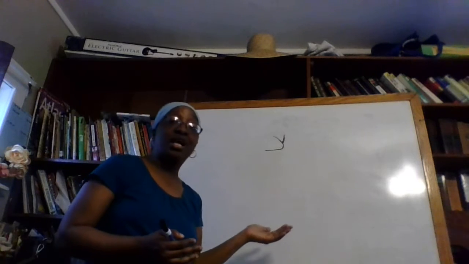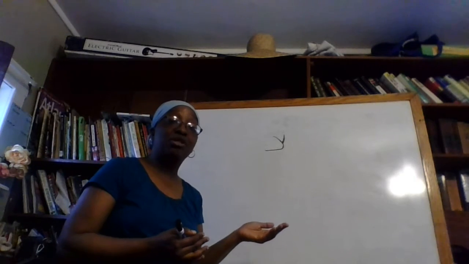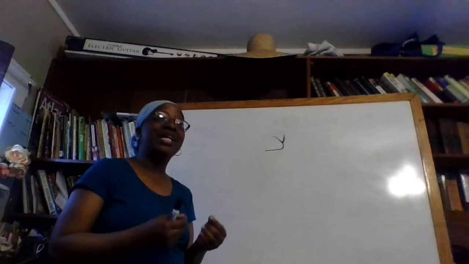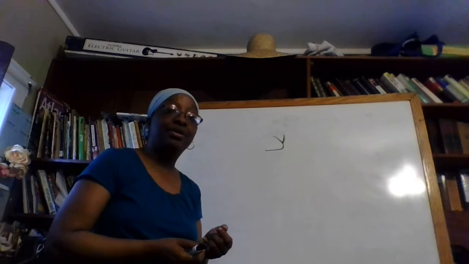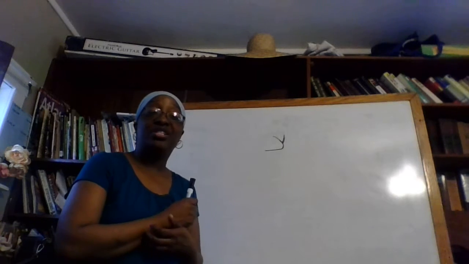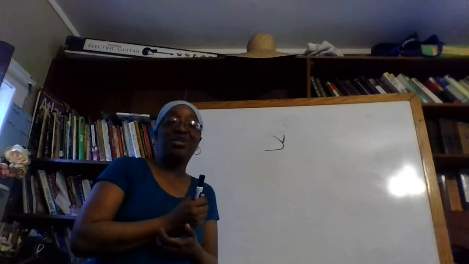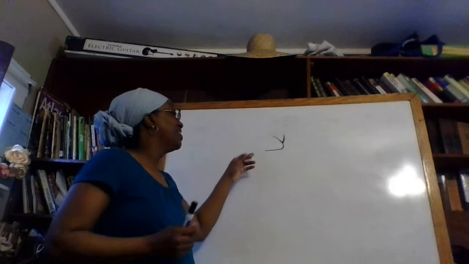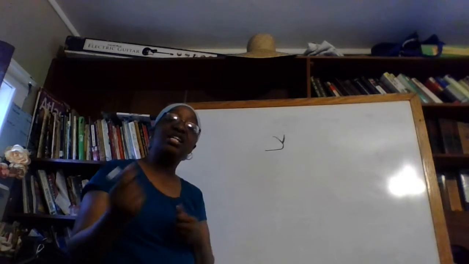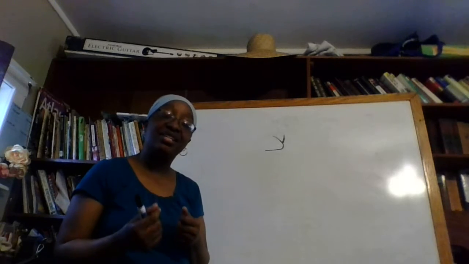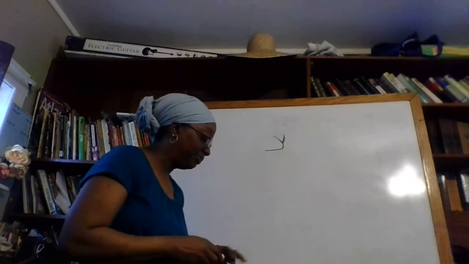But the example that's always used for it most of the time is the TS sound at the end of the word cats. So I would just say it makes the S sound because that's really all you hear. So this is Tzadi, and it makes the sound like the TS at the end of the word cats.